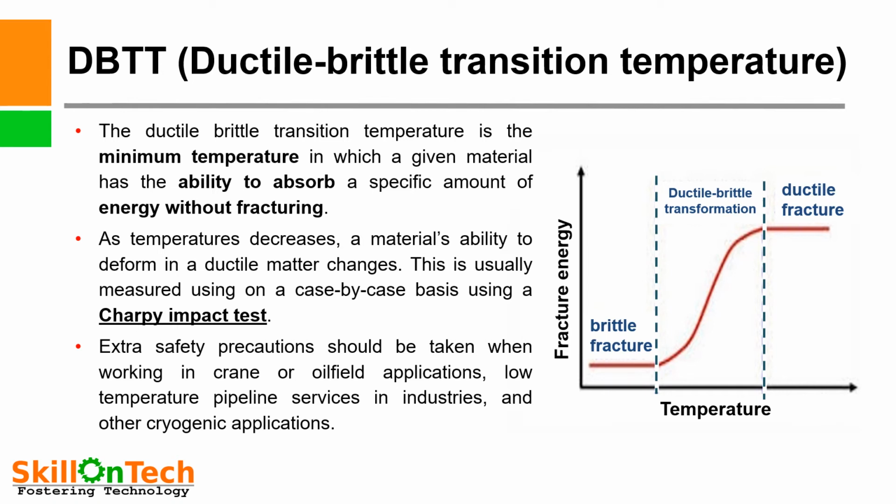As temperature decreases, you can see in the graph, a ductile material's ability to deform changes. This is usually measured on a case-by-case basis using a Charpy impact test. You can see in this graph when temperature is getting reduced.